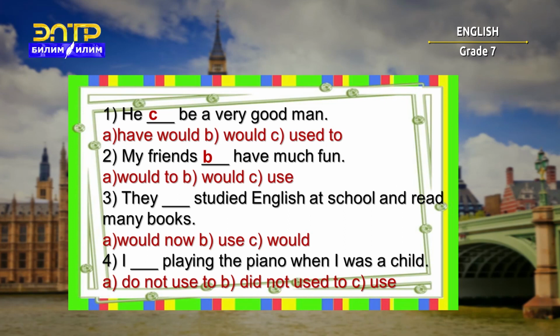And the third one, C. They would study English at school and read many books. And the fourth, B. I didn't used to playing the piano when I was a child. Good job. Let's move to the next task.